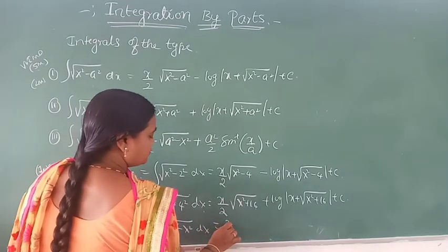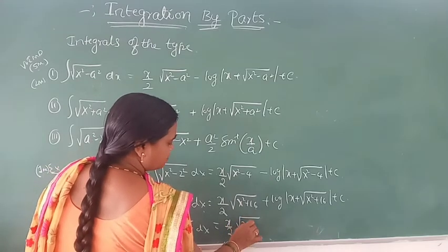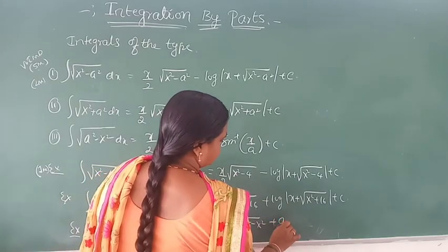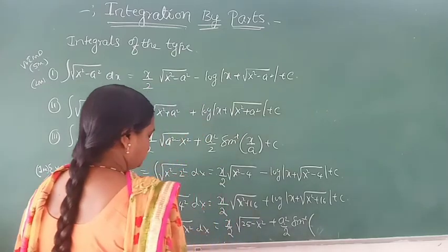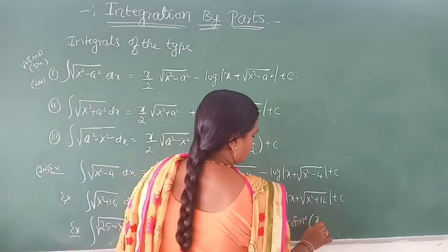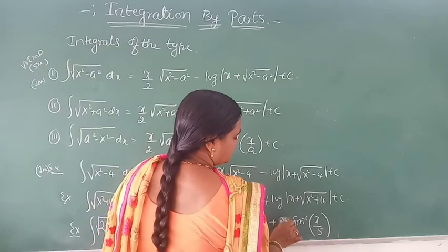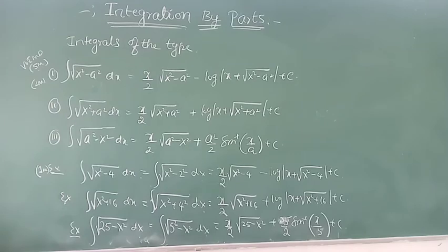Means we will get x by 2 root of 25 minus x square plus a square by 2 sin inverse x by a. What is a? A is 5. A square means 25 by 2 plus. This is how we are using the formula to calculate.